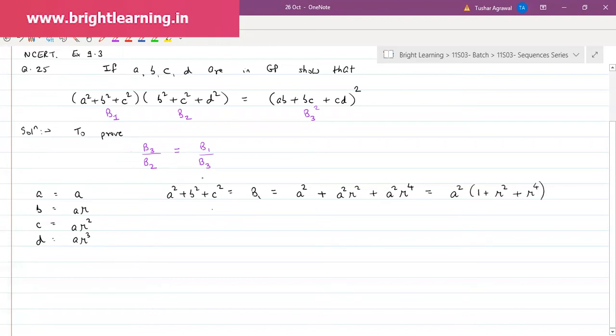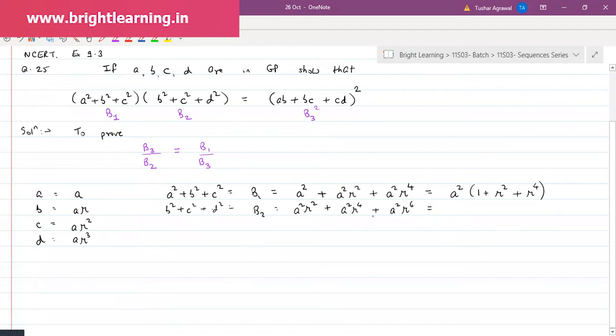Now, is it okay? The second bracket, bracket 2, is B square plus C square plus D square. So B square is A square R square, C square is A square R to the power 4, and D square is A square R to the power 6.